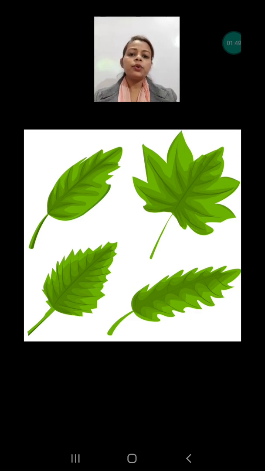So the shapes and sizes of leaves are different, but they have the same function in the plant, that is making food, and they have the same parts also. You are seeing different leaves here, but if we compare all the leaves, they are all similar in respect of the parts of the leaf.